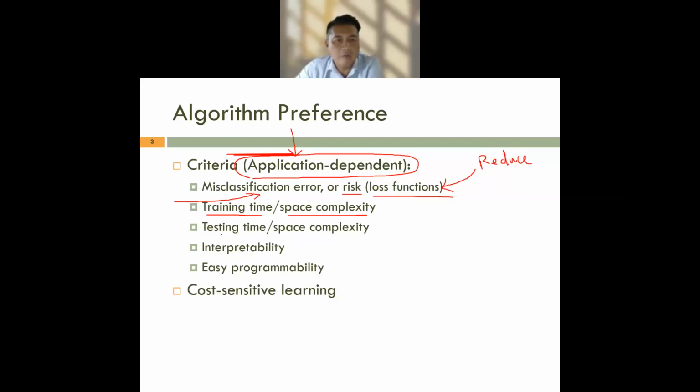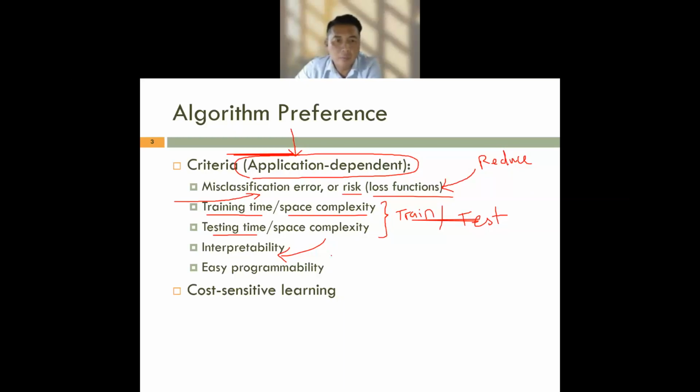Okay, and of course it also involves testing, because these two are required, because we have the train and testing data. Okay, and how do you interpret them? How do you interpret the result that you get?